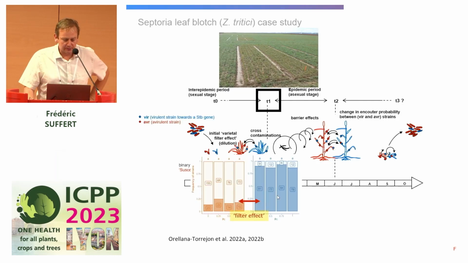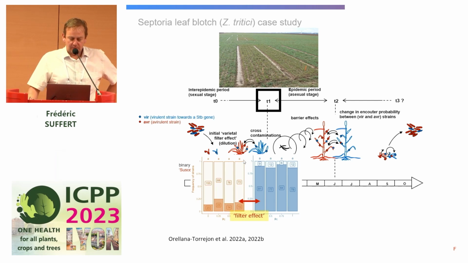Here you have a presentation of the frequency of strains: virulent is colored, and avirulent is white, on the cultivar Cellule that carries the resistance gene, and on the susceptible cultivar that does not carry the resistance gene. On the susceptible cultivar, you have an expression of the filter effect.